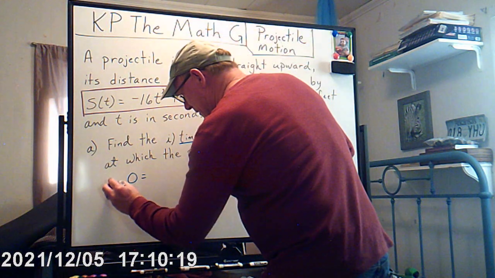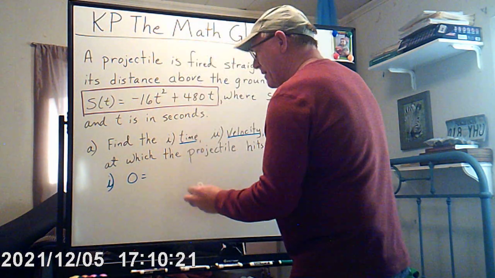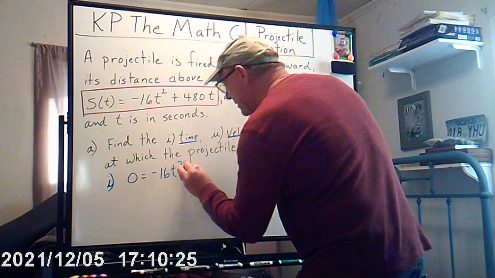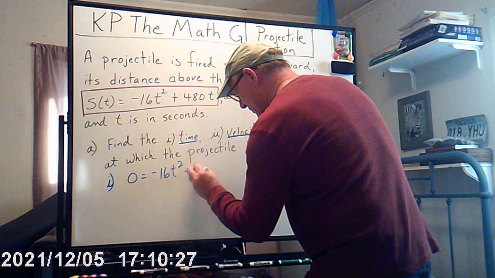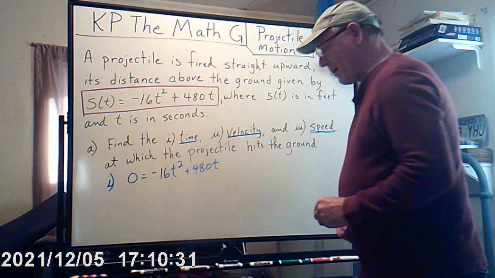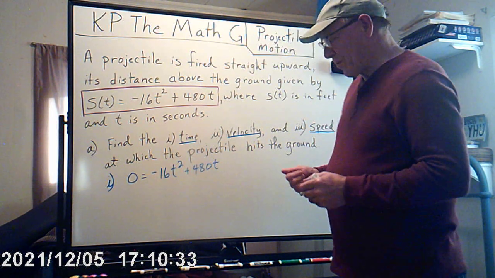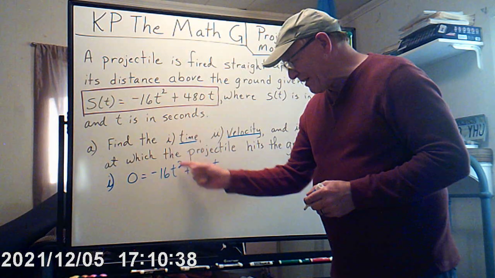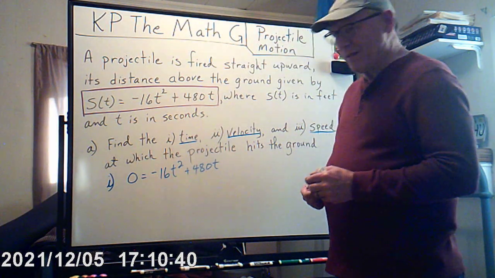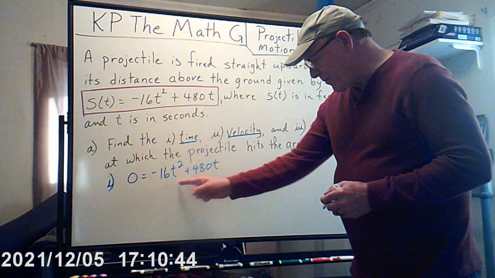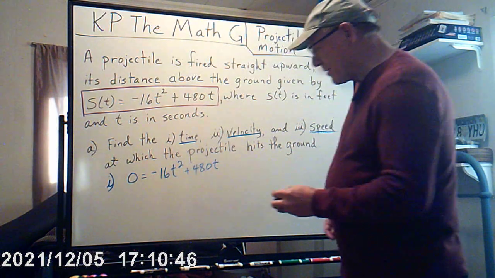We're answering part (i), so that's -16t² + 480t. There are a couple of things we could do here. We could factor out a negative 16t.